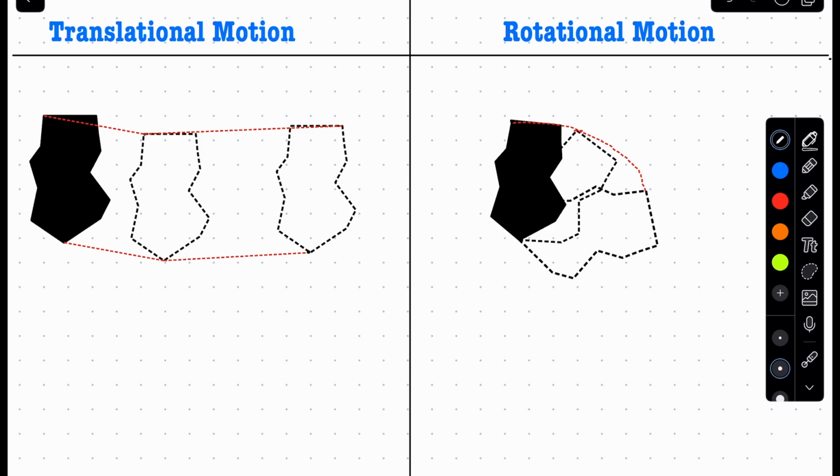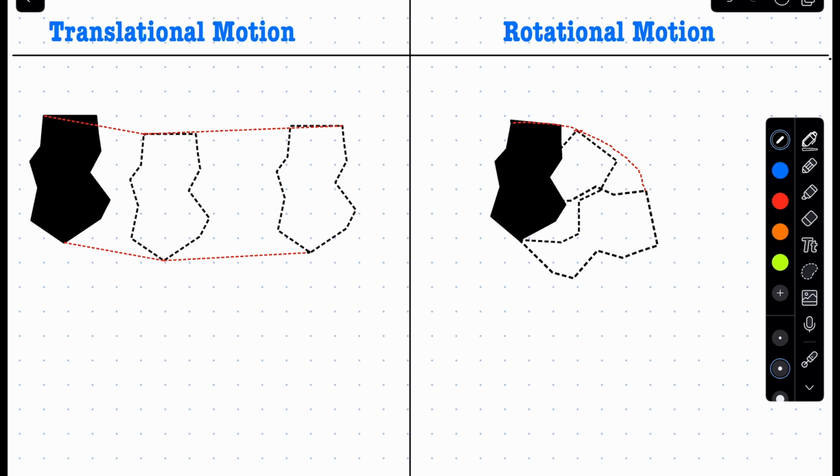So here in this video I'm going to talk about what is the difference between the translational motion and the rotational motion. There are different terms we usually use for different kinds of motion. You must have heard about the rectilinear motion or 1D motion, 2D motion, curvilinear motion, and then there is simple harmonic motion.